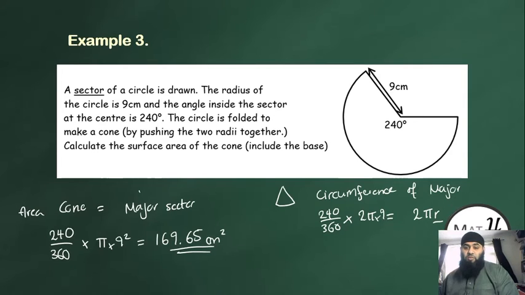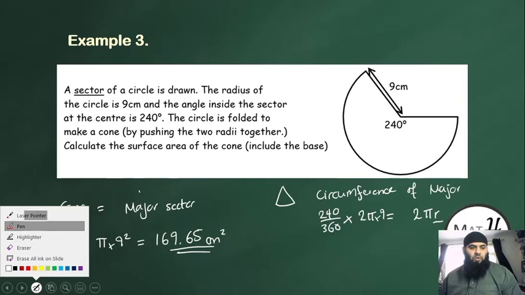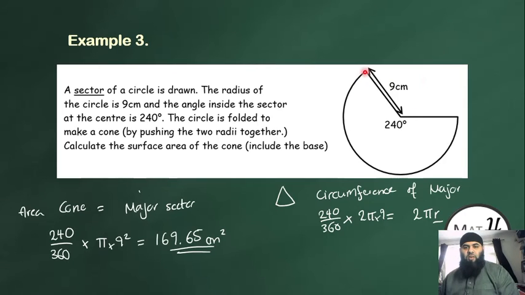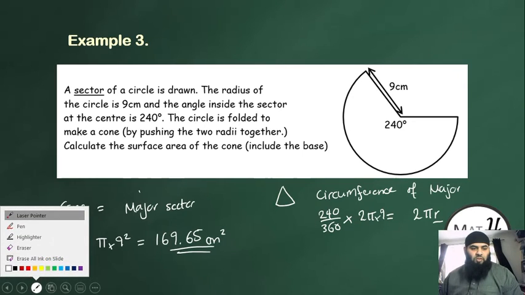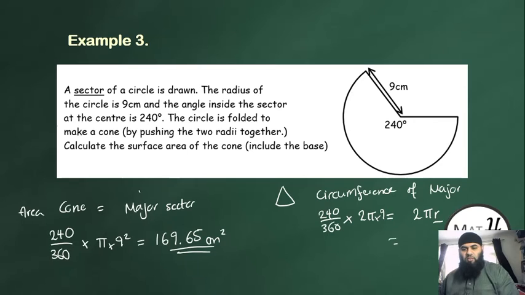Because we know the circumference on the outside of the major sector would be equal to the circumference around the cone, that's how I got this. So let's work this out. When we simplify this, we get 240 divided by 360 times 18 pi equals 2 pi r.